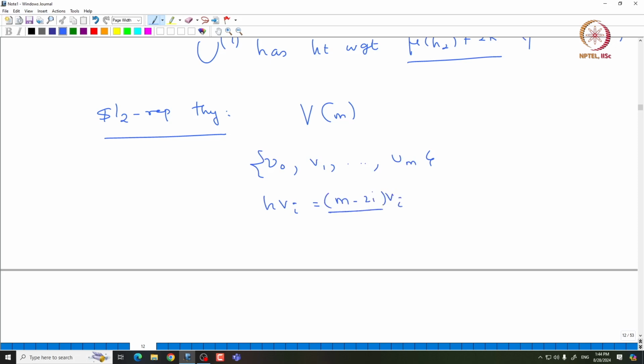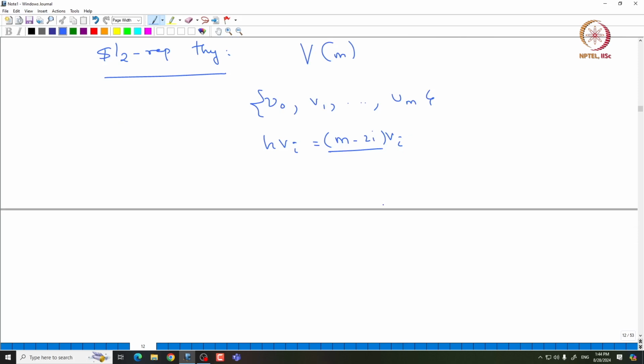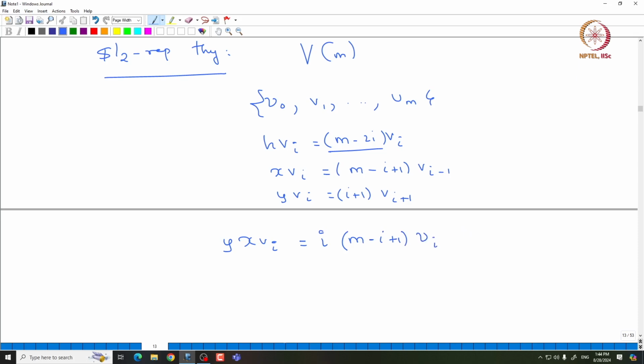So, in particular this is the weight m minus 2i of this Vi, and x acts as m minus i plus 1 times Vi minus 1, and y acts as i plus 1 times Vi plus 1. So, in particular yx acting on Vi will be m minus i plus 1 times Vi minus 1, on which y acts. So, it gives i times m minus i plus 1 times Vi. So, this is the action on this ith element Vi, which corresponds to the weight m minus 2i.